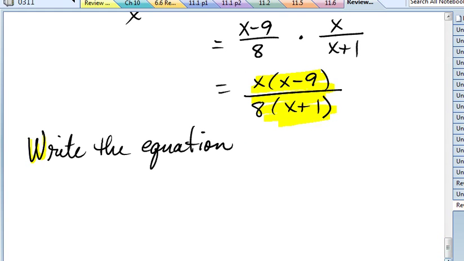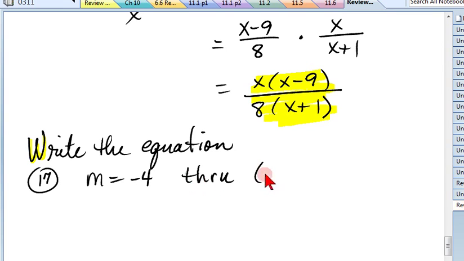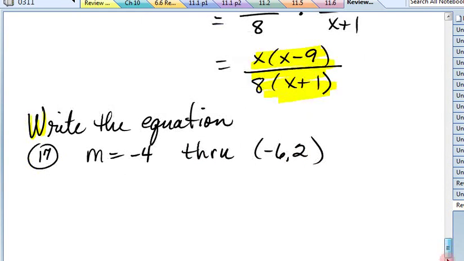Those are the only 3 forms I'm going to come up with. So let's look at 17. It says the slope is -4 and the line goes through -6, 2. Is everybody in agreement that this is not an x equals or a y equals? Because those happen when the slope is either 0 or undefined. Okay, so I have the slope and I have a point.